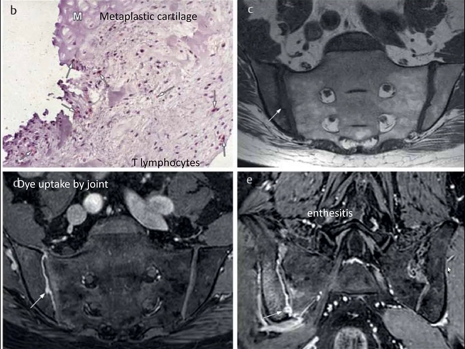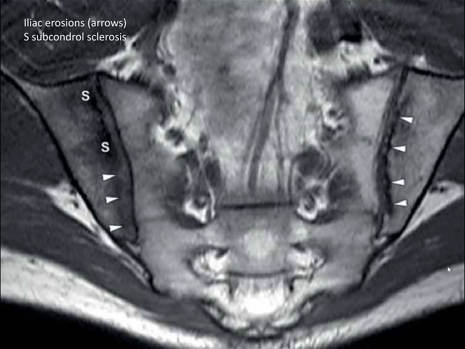So I'll go quickly over this, but this is a depiction that MRI is extremely sensitive for sacroiliitis, and they use this for ankylosing spondylitis now more so than blood tests. This is early disease where you can see the uptake in the joint, and on the right is after gadolinium enhancement, the enthesitis, the inflammation of the tendons and insertions there.